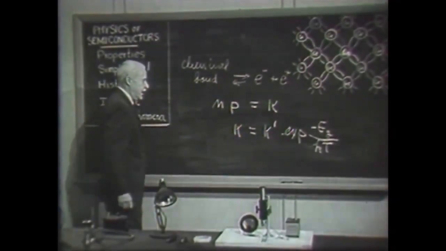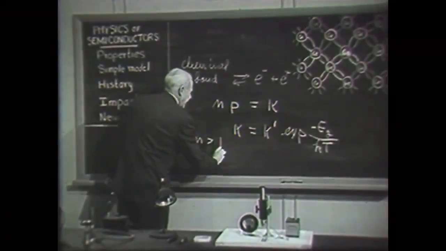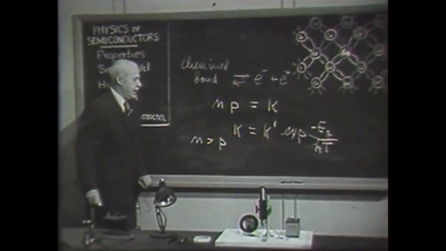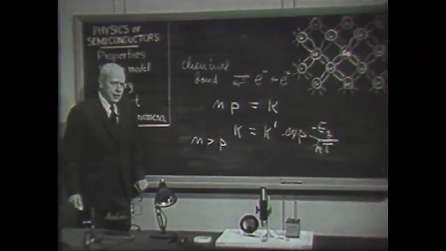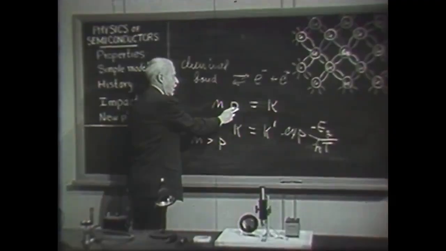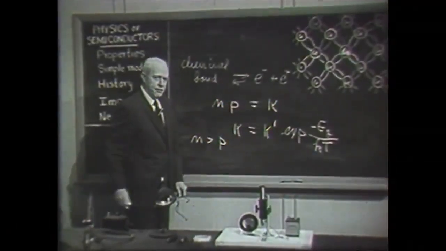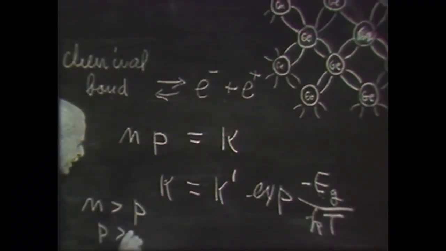This is called an N-type semiconductor. n is greater than p. In the other case, where we put in an impurity atom to increase the number of vacant positions or holes, then we have a P-type semiconductor, and p is greater than n.